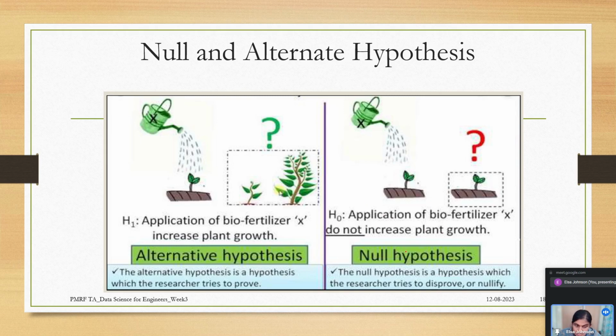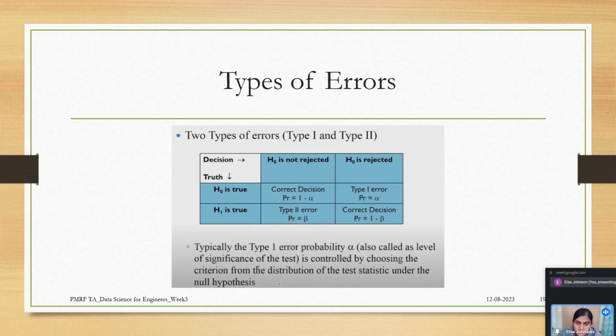The alternate hypothesis is that application of biofertilizer will increase plant growth. The null hypothesis is the one which the researcher tries to disprove or nullify, and the alternate one is the hypothesis which the researcher tries to prove. This is the practical case.